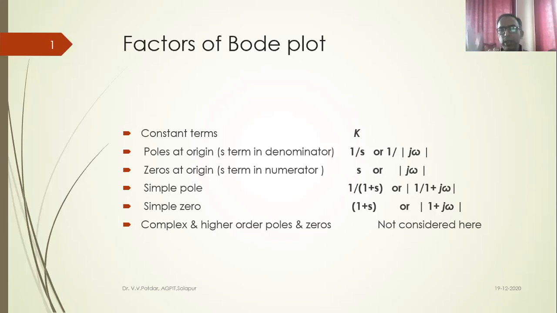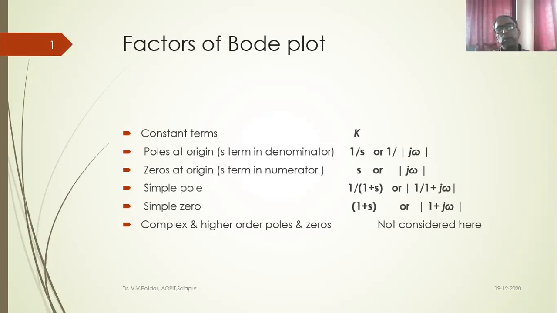So poles at origin, I can either have S terms or squares or exponents of S terms. I might have S, that is a single pole at 0. If I got S square, there will be double pole at 0. If it is S cube, there will be triple pole at 0, or S raised to n.